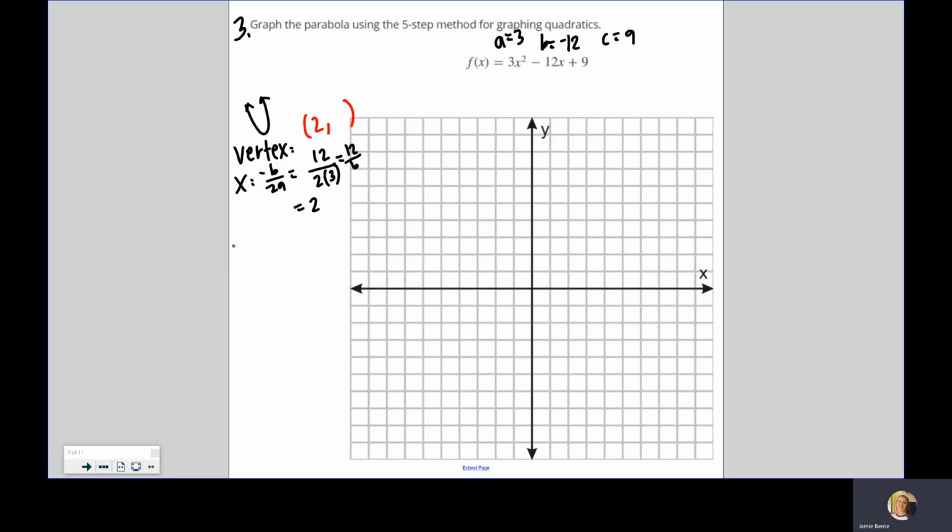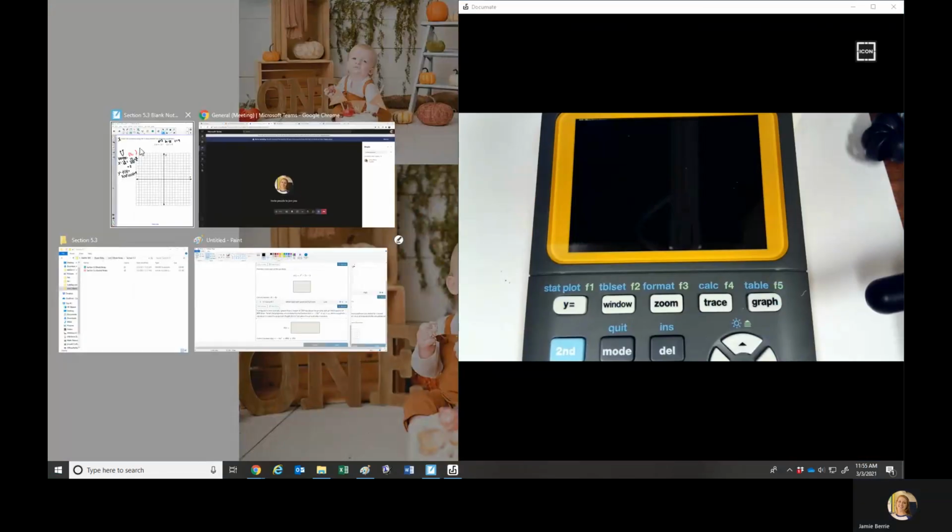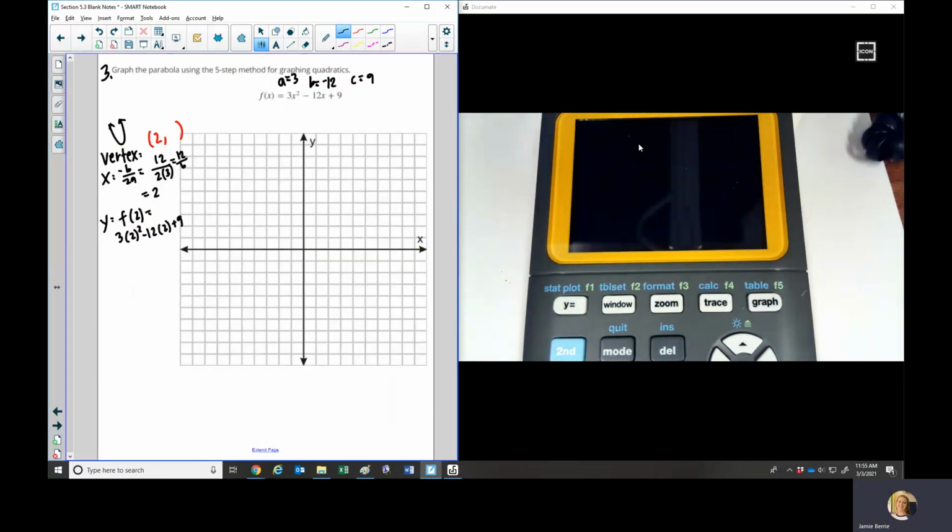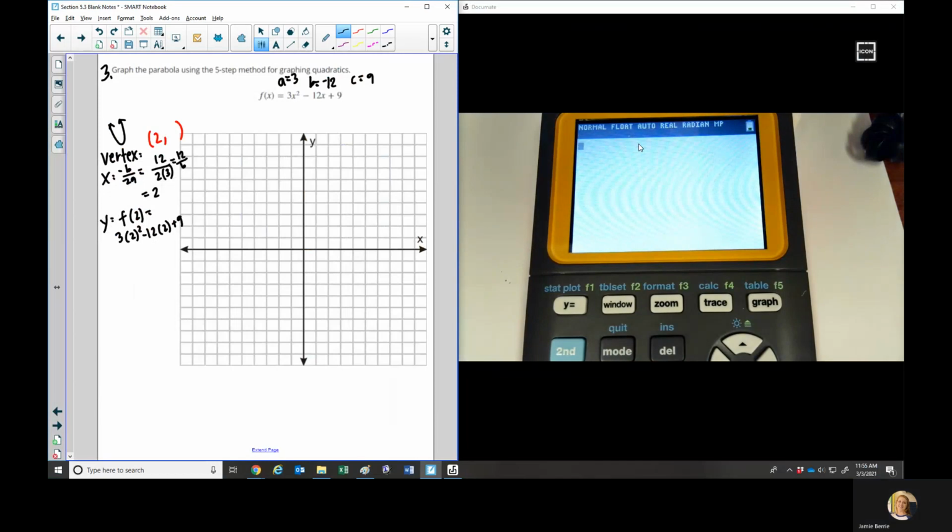All right, so remember, to find the y coordinate, you just take your x coordinate and plug it into the function. So that's going to be f of 2 equals 3 times 2 squared minus 12 times 2 plus 9. All right, so let's plug that in. Clear everything out. 3, parentheses, 2 raised to the second power.